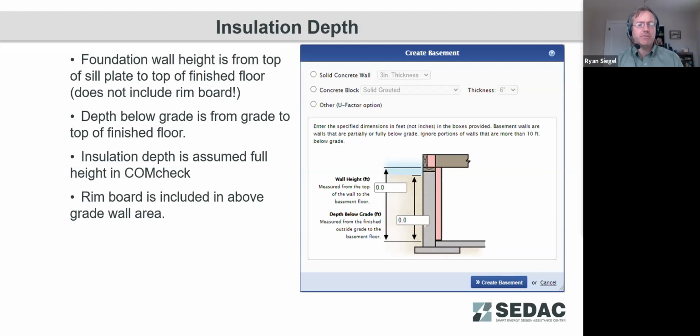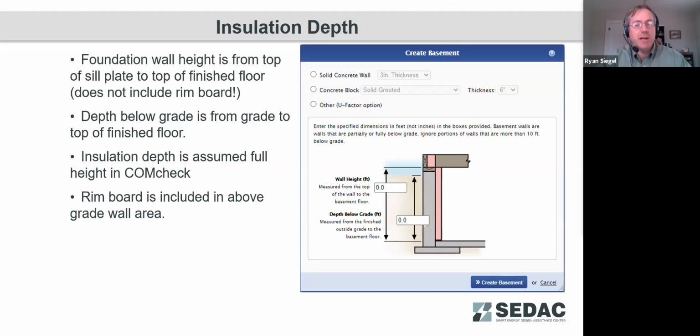One thing that is very helpful is that ComCheck actually does a very nice job of depicting what the various definitions are. So looking at what is a wall height, how far is the depth below grade, and understanding where those different points start and stop.